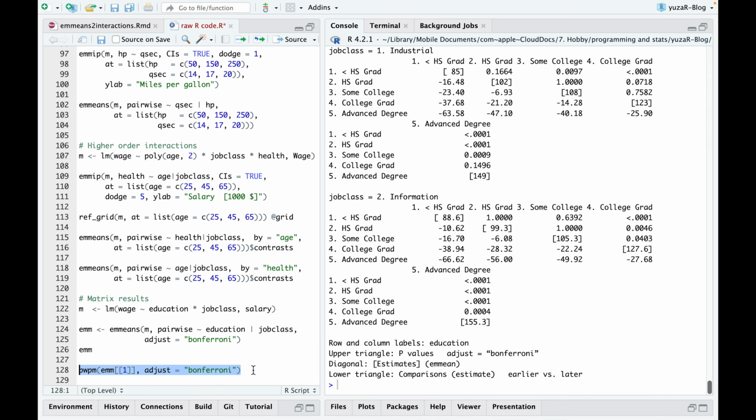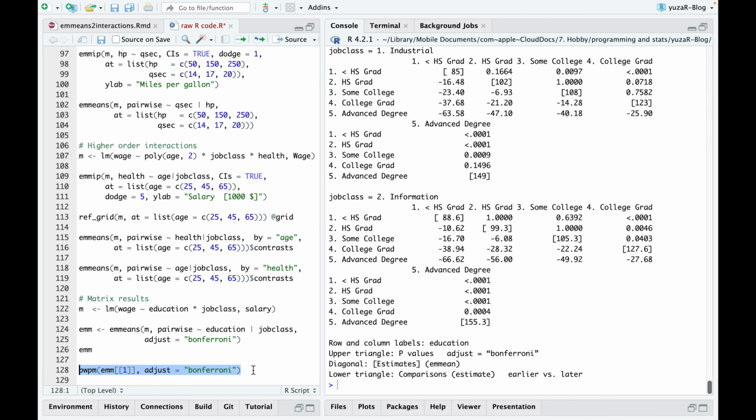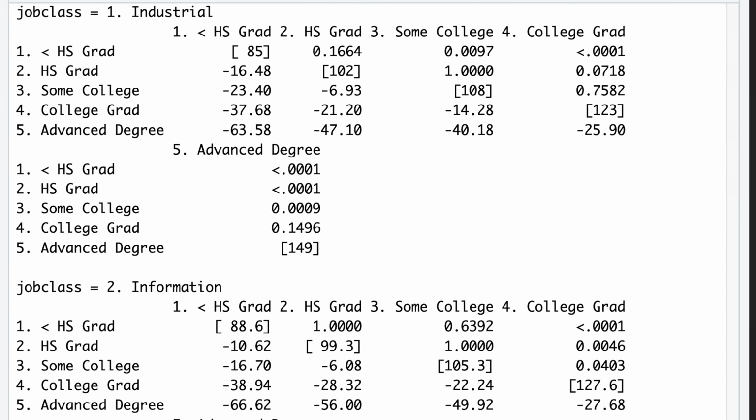This matrix displays the estimated marginal means along the diagonal, p-values in the upper triangle, and differences in the lower triangle. For example, the estimated marginal means for individuals who did not finish high school are 85 for industrial jobs and 88 for IT jobs. The salary difference between them and their peers who did finish high school is 16K per year and is not significant for the industrial job class because the p-value is 0.16.